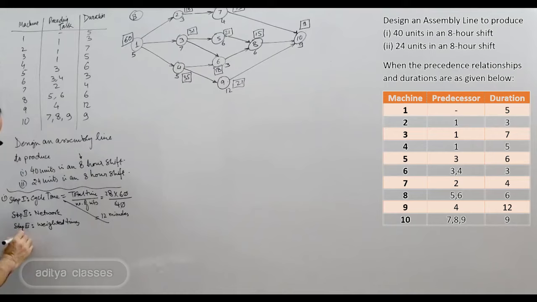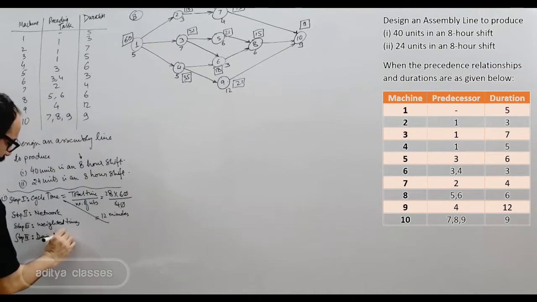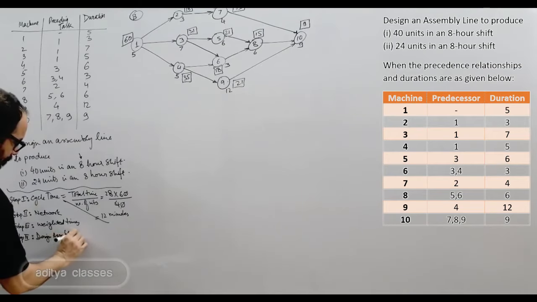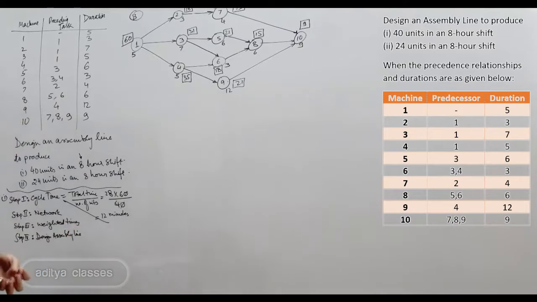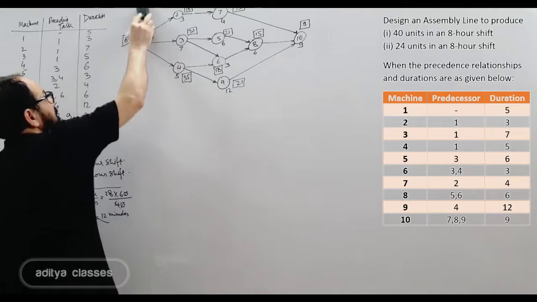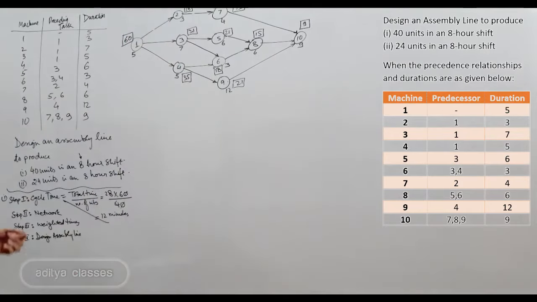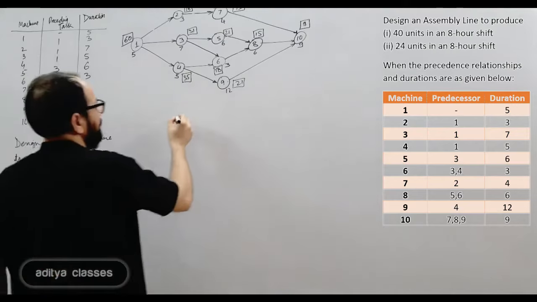And last step is design assembly line. So now we are on to our last step. We'll leave these A, B and C out. So we're through with these 3 steps. Let us move on to the 4th step.